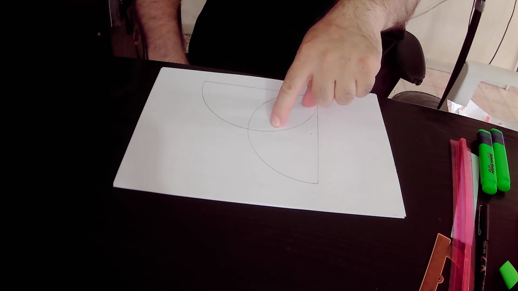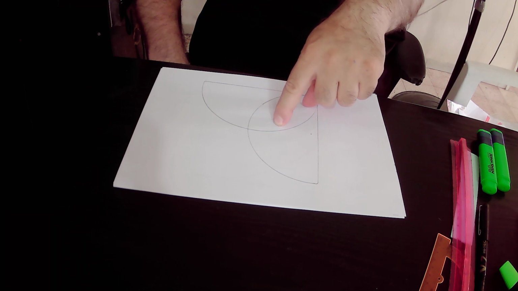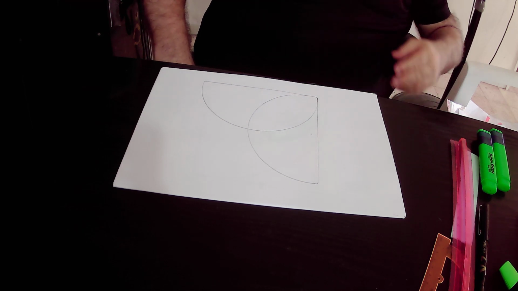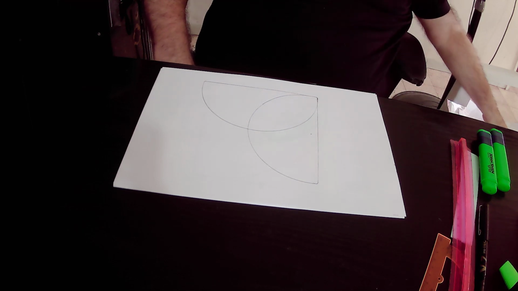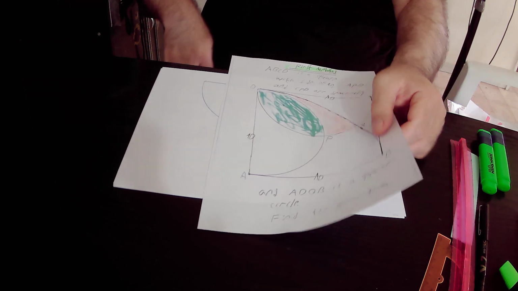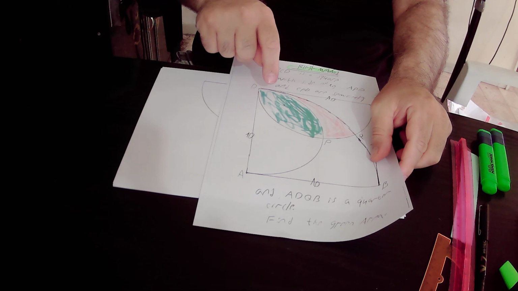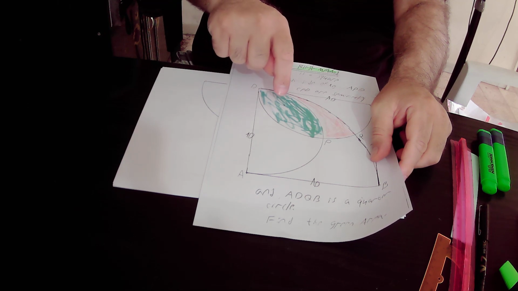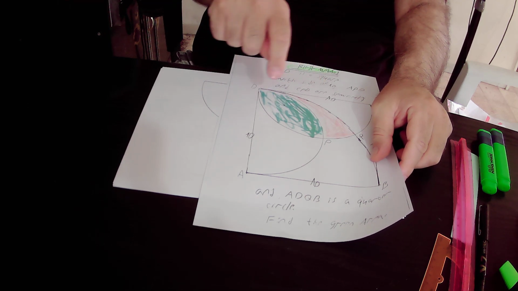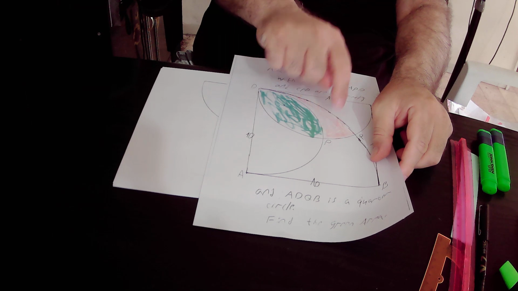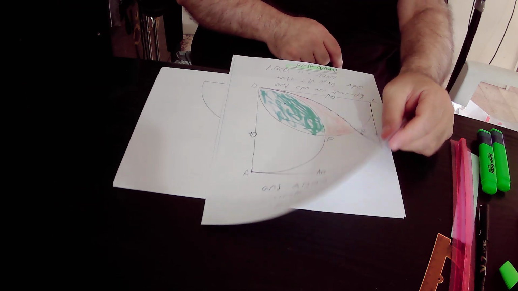So we will get a general formula for the area of any lens, and then we will use that general formula in order to find out the area of the big lens. Then we use that same formula to find out the area of the blue lens, and then we will subtract the two areas from each other, and this will give us the area of the orange shape. Okay?